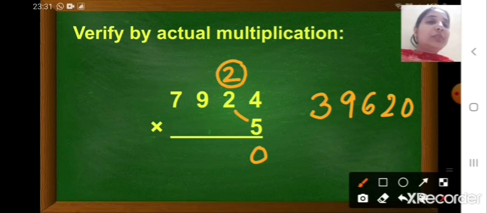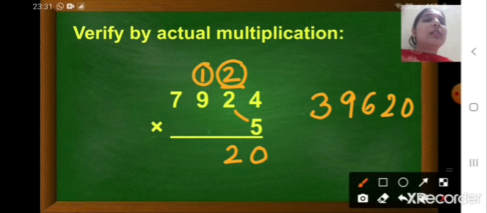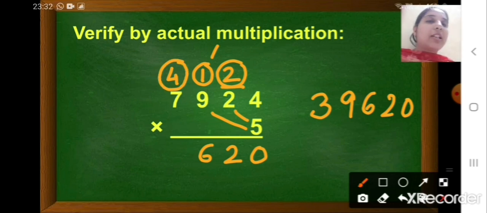Now 2 5s are or 5 2s are 10 plus this carried over digit. So 10 plus 2, 12. So 2 we will write here and 1 will be carried over to the hundreds place. Now 9 5s are 45 or 5 9s are 45 plus 1, 46. So 6 we will write here and 4 will be carried over to the thousands place.